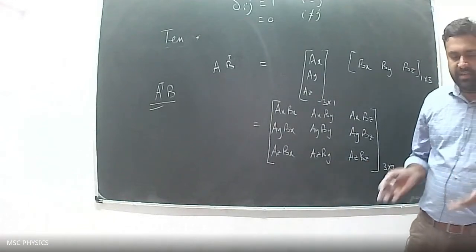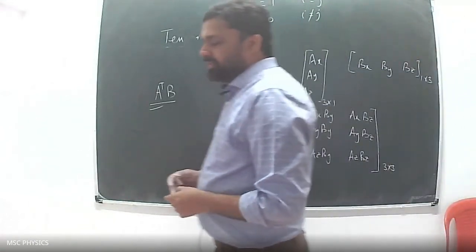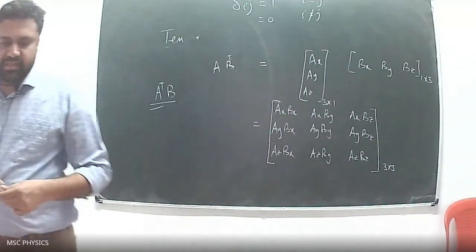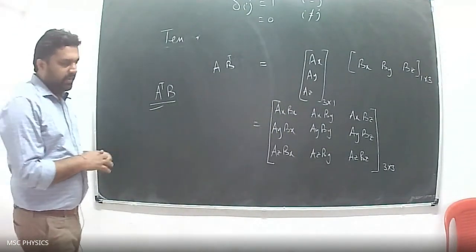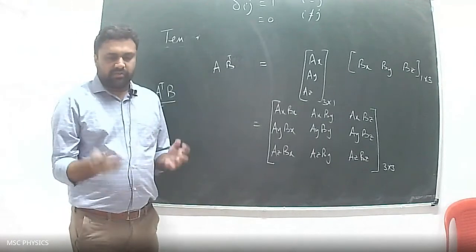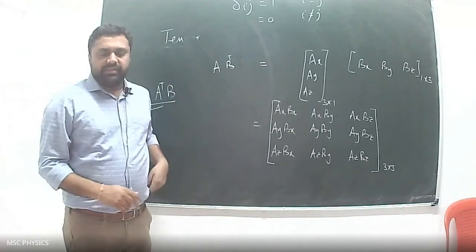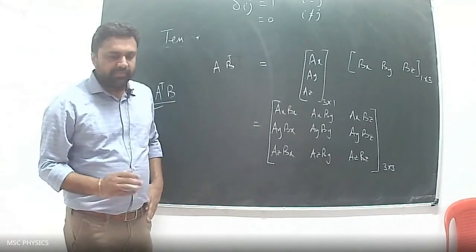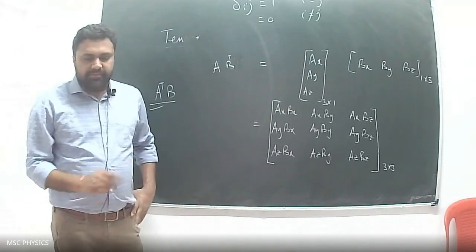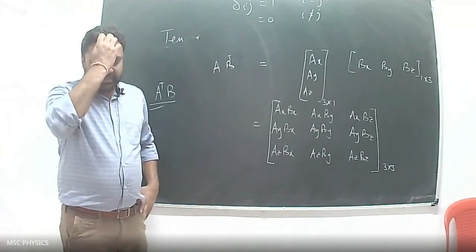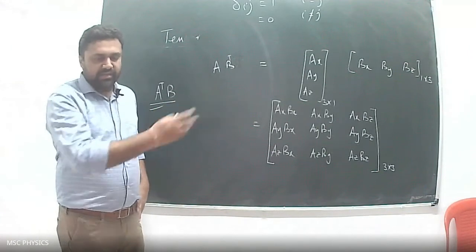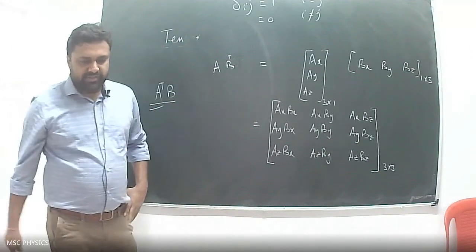I'll tell you why it is a tensor, why we need it, what they represent, and then we will discuss tensor algebra and obviously tensor calculus also. We will need to take their derivatives sometimes. But here we are only talking about tensors or vectors in Cartesian coordinates.